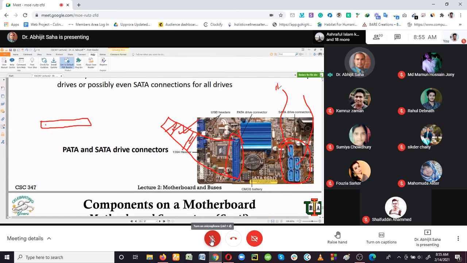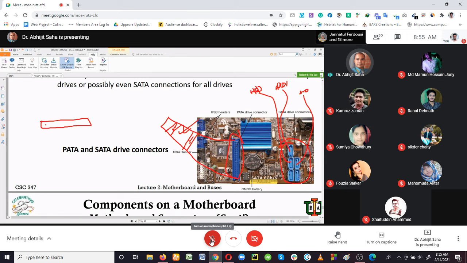If you're connecting the SSD, for example, then the next connector is going to be used for maybe the DVD-ROM drive. If you have an extra hard disk, hard disk 1 and hard disk 2, then the second hard disk can be connected with the other connector that is available here.